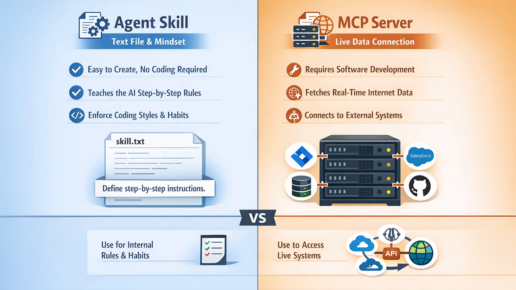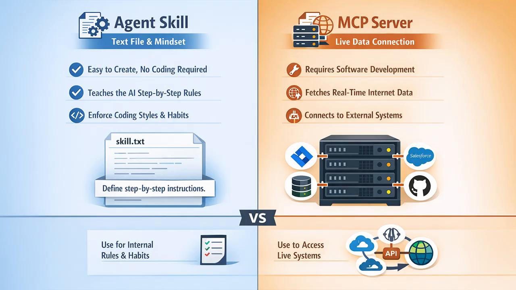And here are a few quick tips on when to use them. First, a skill is easy to use and build, while MCP requires some kind of software development knowledge to build. Second, skills cannot fetch live outside internet data on their own, but an MCP server exists specifically to fetch that kind of outside data.